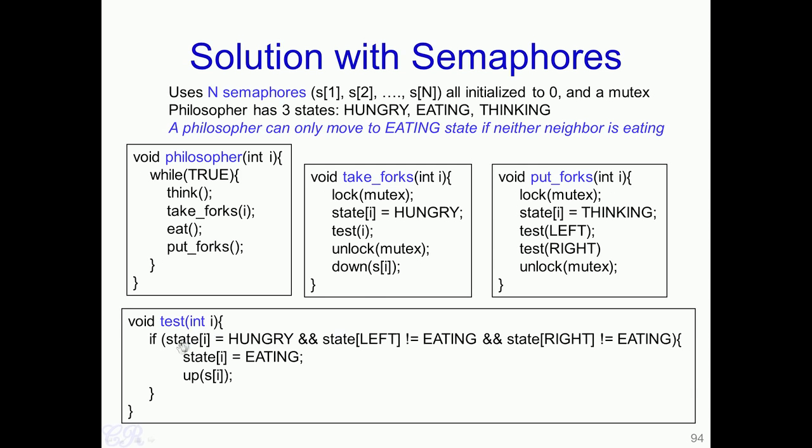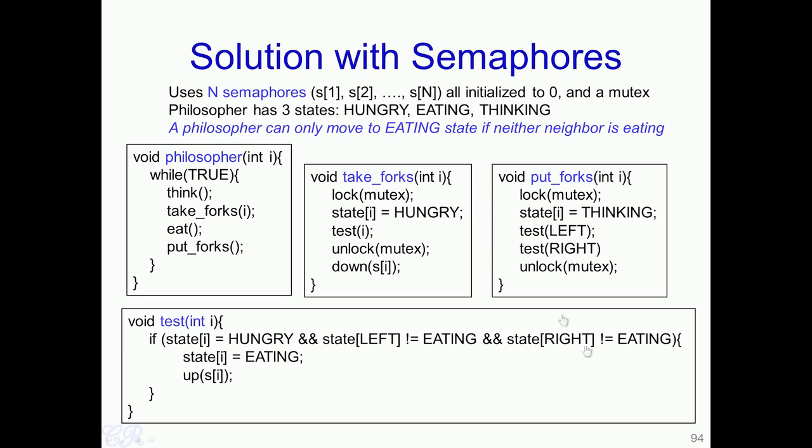What test will do is check whether the state of the philosopher is hungry, and as well as the state of the philosopher to the left as well as to the right is not in the eating state. If this indeed is true, then the philosopher can eat, and at the end, after eating, the forks are put down and the state of the philosopher goes to thinking.